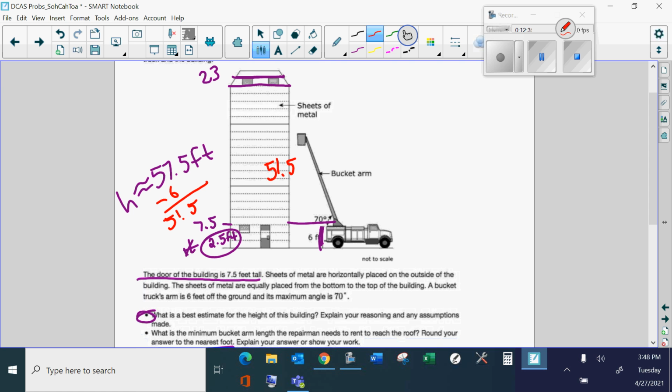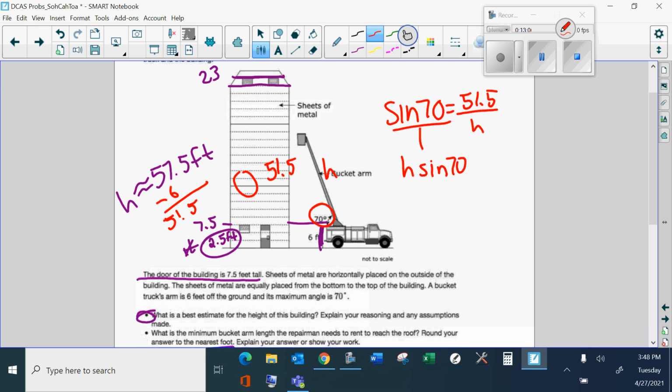Okay, and we want to find out how long H, for hypotenuse, needs to be to reach that 51.5 using that 70-degree angle. That's the max it can go. So that's opposite over hypotenuse, which is sine. So the sine of 70 equals opposite over hypotenuse, cross multiply, H sine 70.